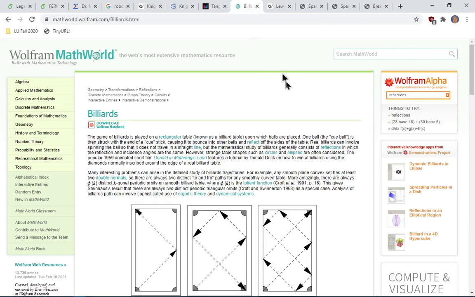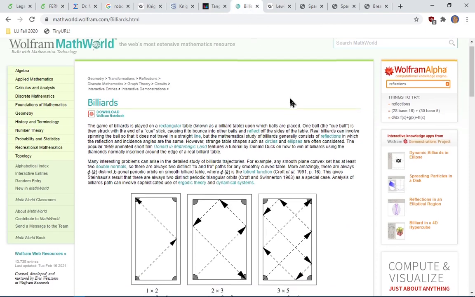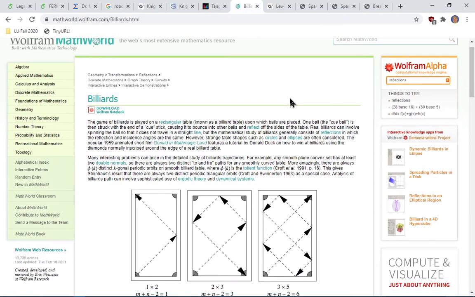Here's another page I have for you in the game of billiards. Suppose you have a pool table and there's no friction on it, and you kick the ball and it goes on endlessly. And the question is, if it keeps going on and on, what are all the points it can visit?